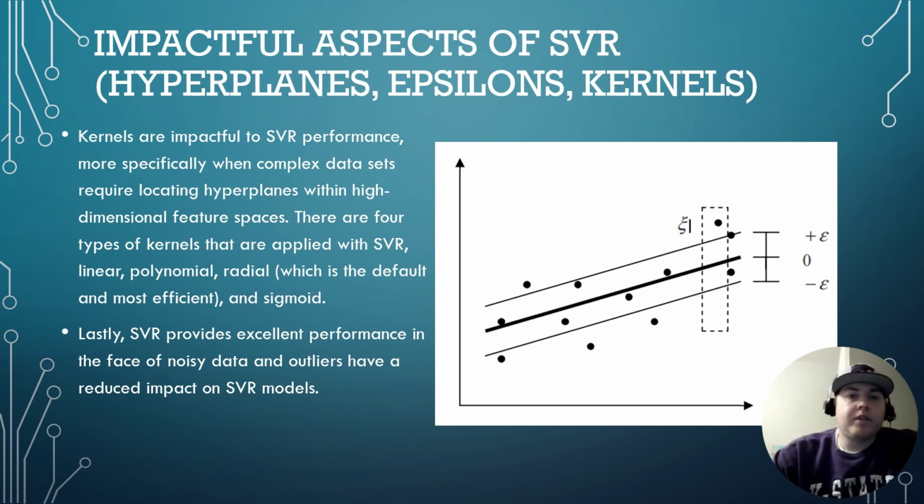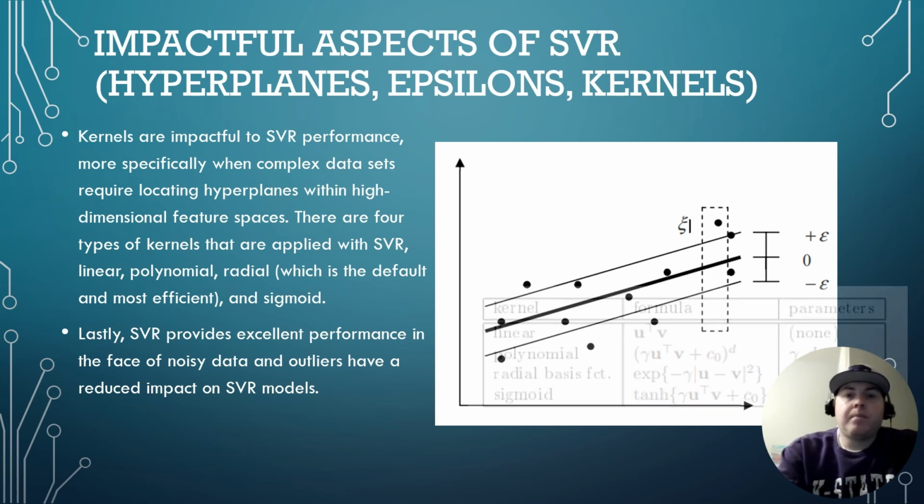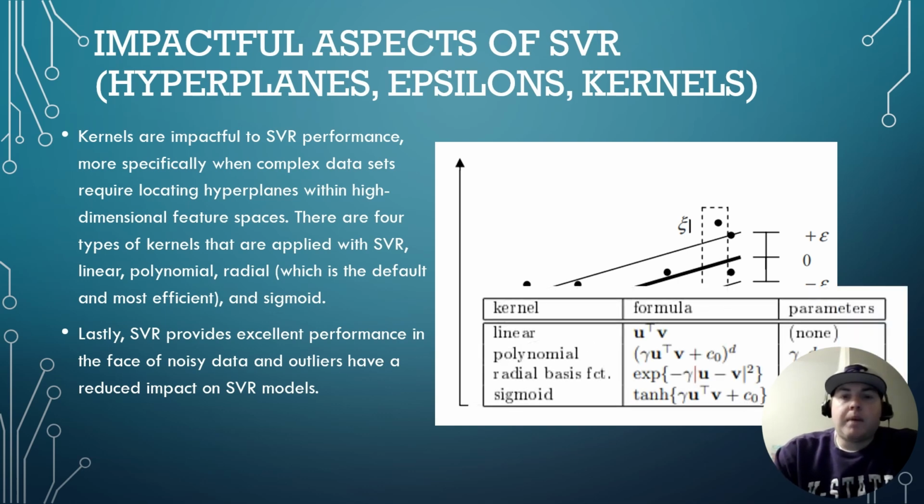There are four types of kernels that are applied within support vector regression: linear, polynomial, radial, which is the default and most efficient, and then sigmoid. Lastly, support vector regression provides excellent performance in the face of noisy data, and outliers have a reduced impact on support vector regression models.